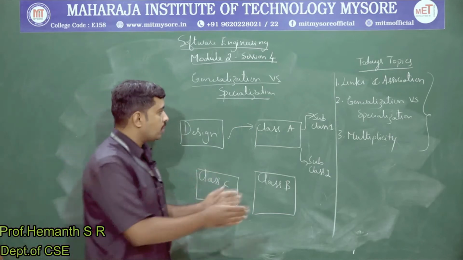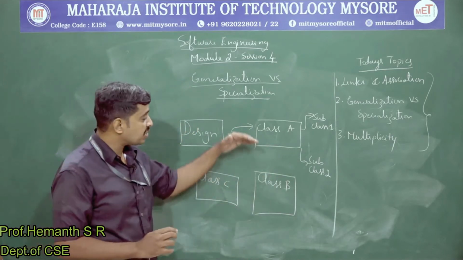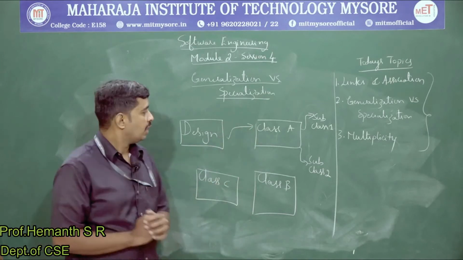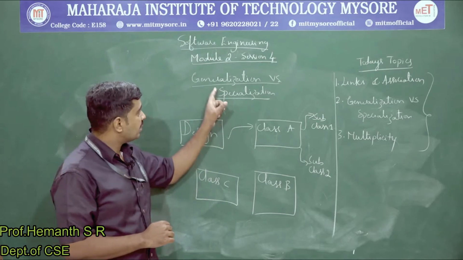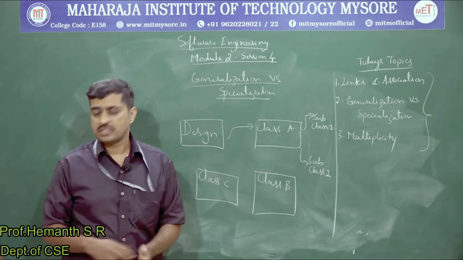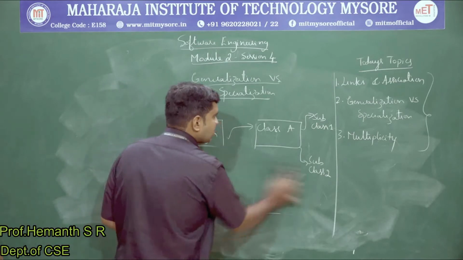Basically it's all about classes and subclasses, how exactly they are arranged in the form of a hierarchy. That is what is graphically depicted and represented in generalization and specialization. So we'll try to explore the details of it.